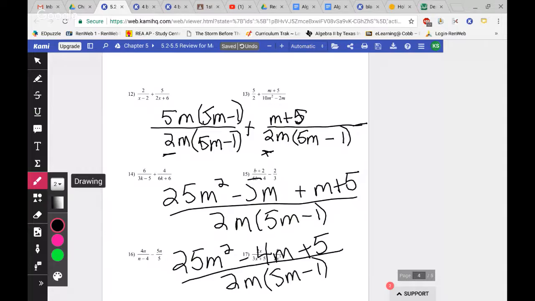So one of the things that was highlighted in this particular problem to me is the fact that when we factored the denominator in that second term, from 10m squared minus 2m into 2m times 5m minus 1, we recognized that this 2 right here was in both the first fraction and the second one.